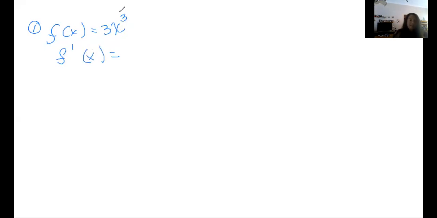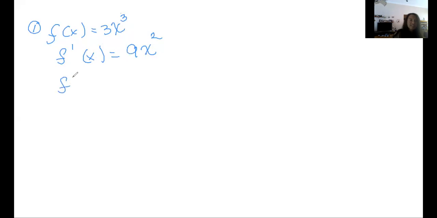We've started out talking about derivatives. Let's say we have a function f of x is equal to 3x to the third. If I wanted to take the derivative of that, I would just go ahead and use the power rule, and that would give me 9x squared.